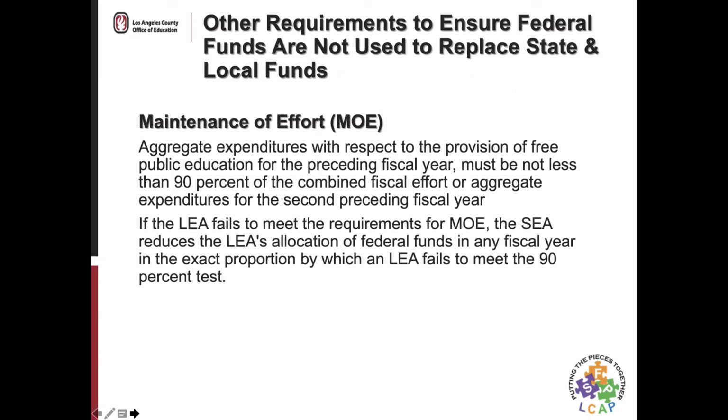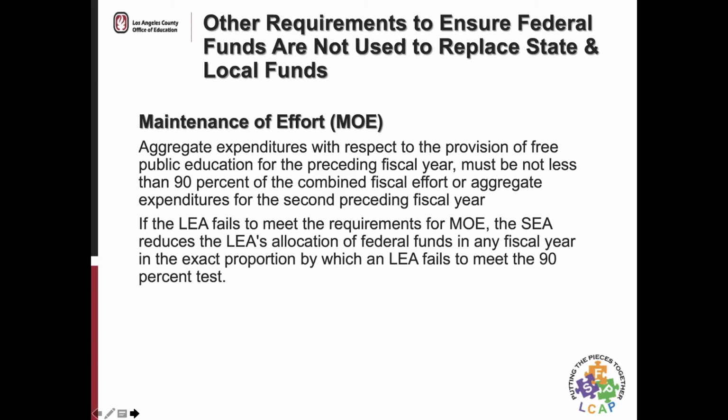But essentially, maintenance of effort means that your aggregate expenditures to provide educational programs can't be less than 90% of the second preceding year. What that means is you have to wait for the books to close on one year, so you go back to the prior year. So it's a 2-year look back. And if an LEA doesn't meet that 90%, in other words, are you continually cutting costs for your services to your schools, and then are you using your federal money to fill in?